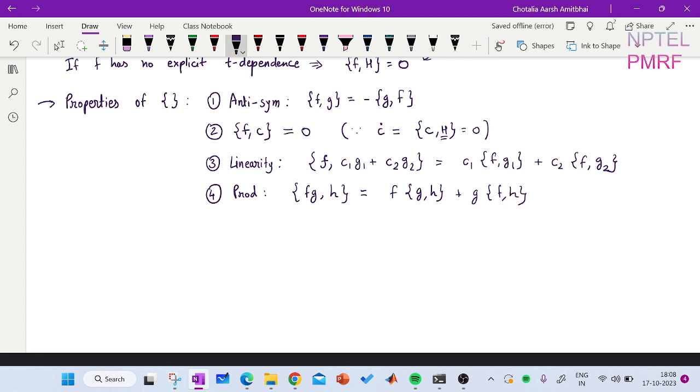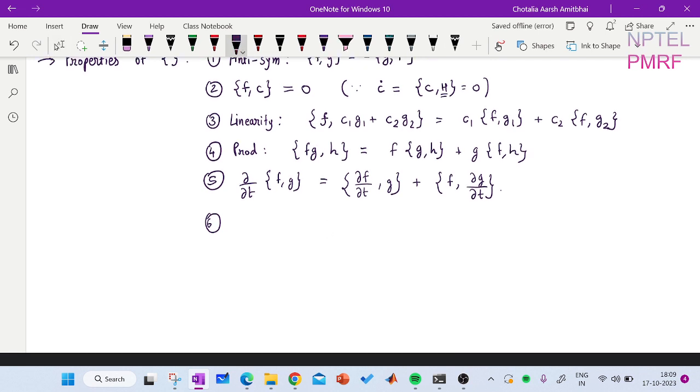You just replace your Poisson bracket with your square bracket. Then the time derivative of the bracket of f and g is again similar to the product rule, plus the bracket of f with the time derivative of g.